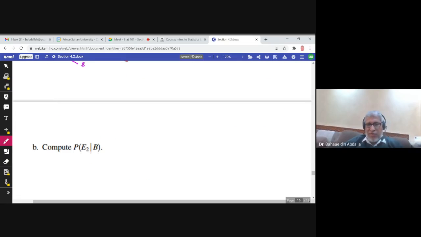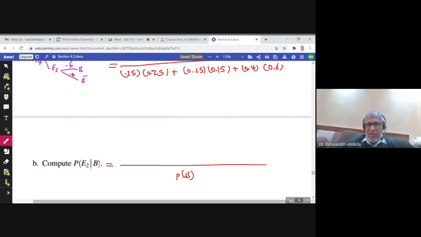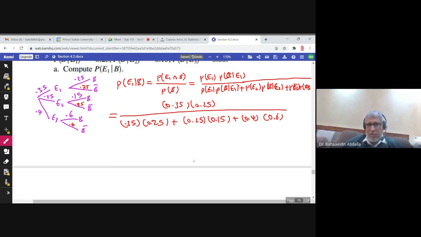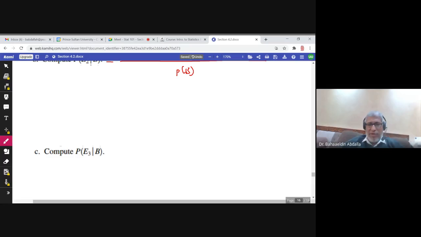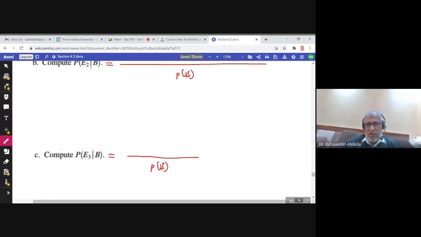Here for E2 given B, the same probability of B is below. In the numerator, you will have E2 intersection B, which is the second one, 0.25 times 0.15. Also, probability of E3 given B would be over probability of B, which is the same in the three cases, but now we have 0.4 times 0.6 in the numerator.